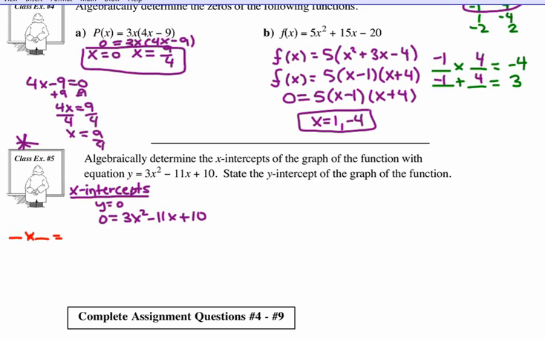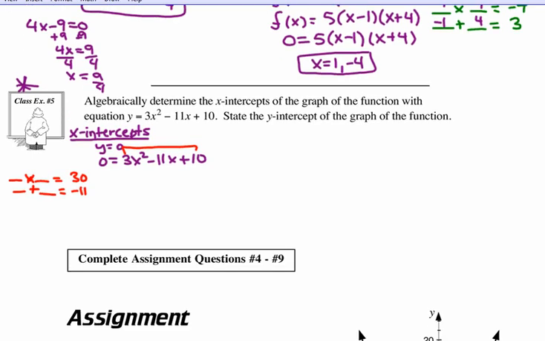Okay, two numbers that multiply to 30 and add to negative 11. So 30 is a tricky one. Oh, it can be. Okay, if it's multiplying to a positive and adding to a negative, both negative.